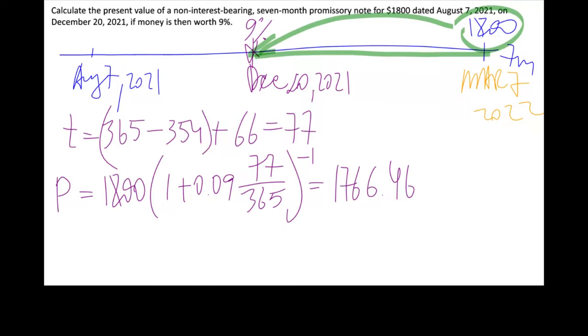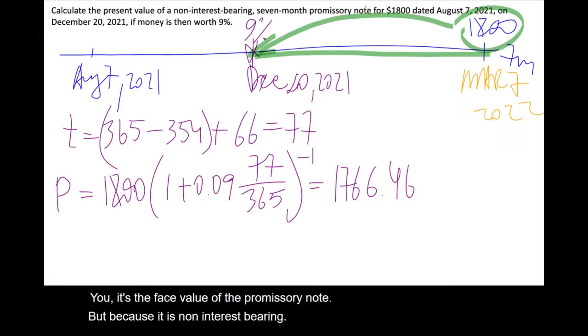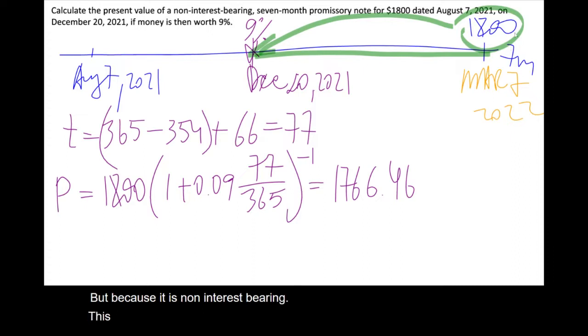Right, so the future value was 1,800. You see, it's a face value of the promissory note, but because it is non-interest bearing, this face value is future value.